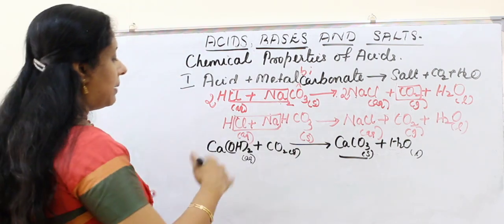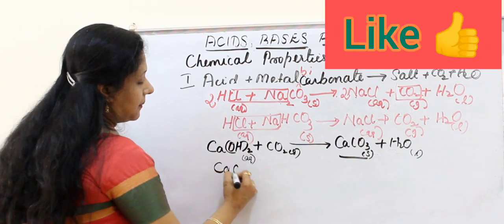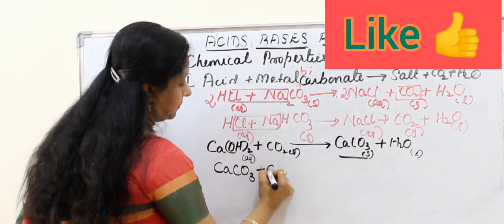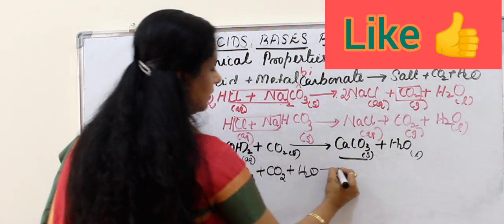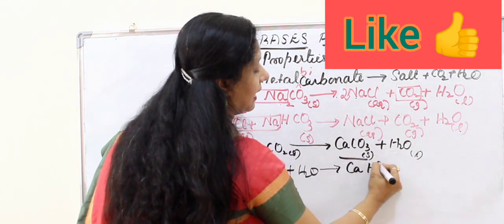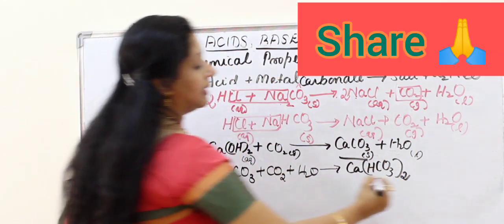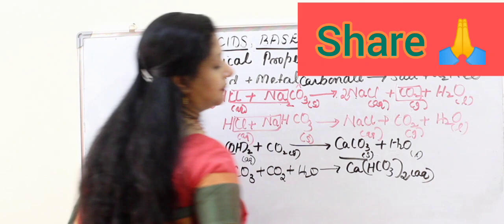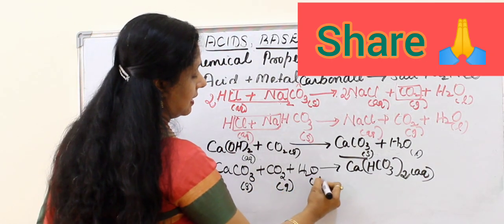So we know carbon dioxide can turn lime water milky, so it is a confirmatory test. But if you pass excess carbon dioxide through this calcium carbonate, which is already in water, so we write water also, we will get calcium hydrogen carbonate, or calcium bicarbonate, but it is soluble. This was an insoluble solid, this is gas, this is liquid.